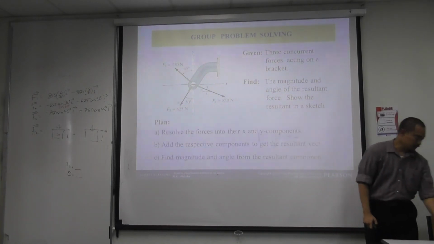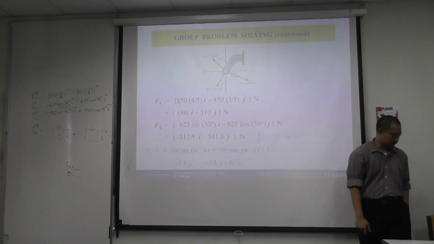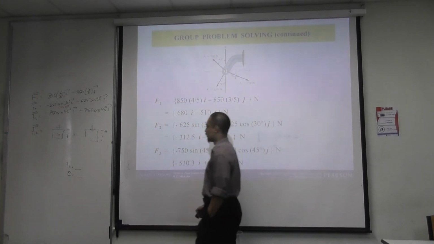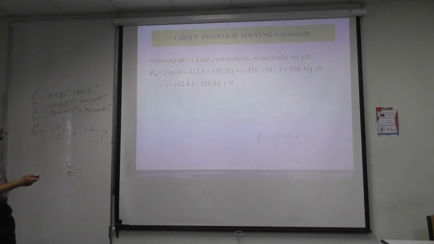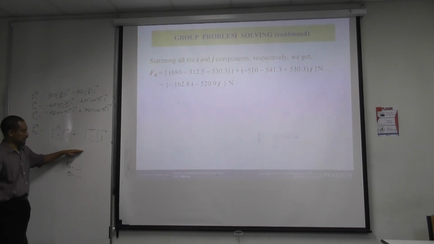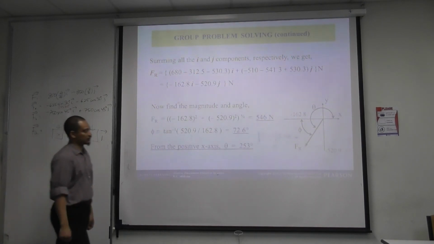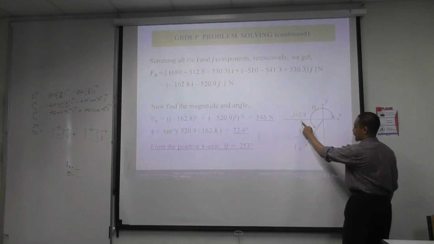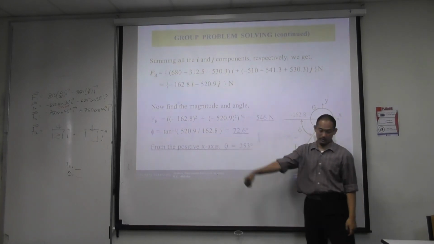Alright. So if you have calculated this one, I think the rest is just you add all the x component and y component. In this case, you get negative value, right? So when negative and negative, meaning it's to the left and it's downward, right? So you'll get something like this. So when you consider, for example, if you draw this one theta, then the answer is 72.6.